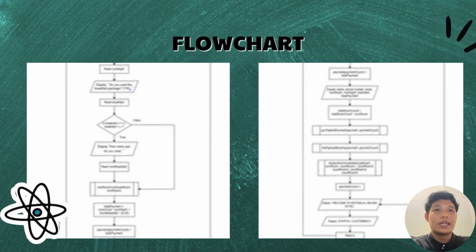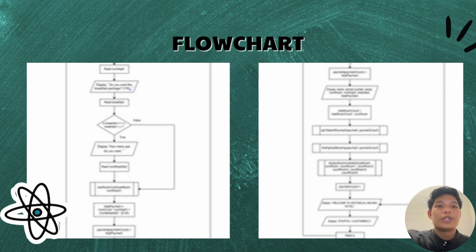After the user inputs how many nights they want to stay, they will display do you want the breakfast package. So the user needs to input yes or no. If yes, they will display how many packs do you want. So the program will read number of breakfast and we calculate room cost using the function.